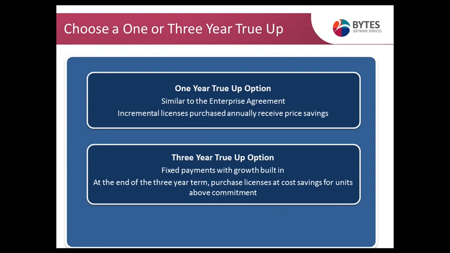The 3 year true-up is slightly different. This is where you start your agreement, but you have a fixed growth plan throughout the 3 year term of the agreement. And then, at the end of the 3 year term, you can then purchase those licenses for savings for any licenses you buy above the initial commitment.